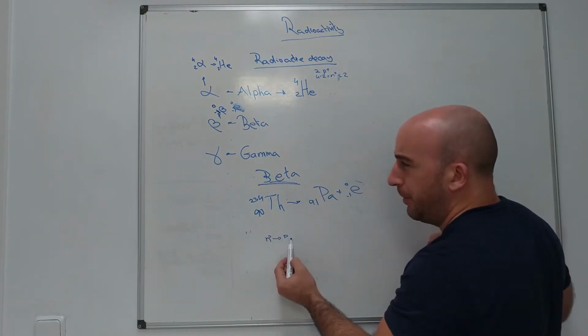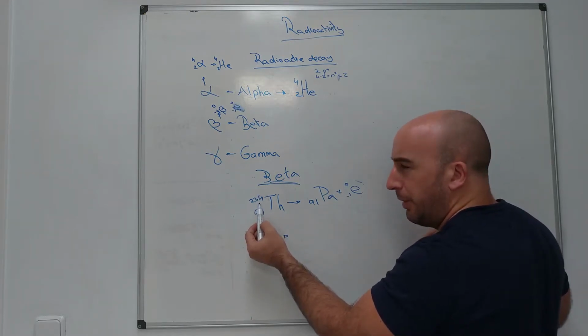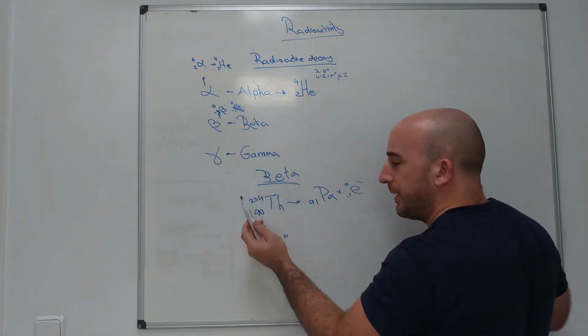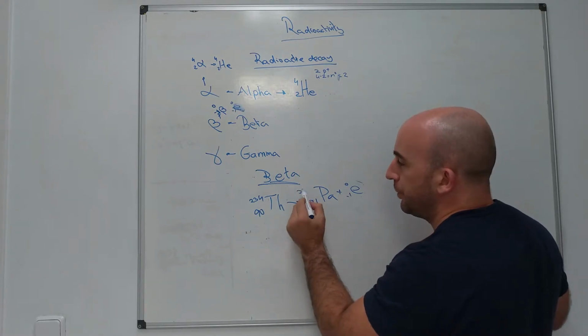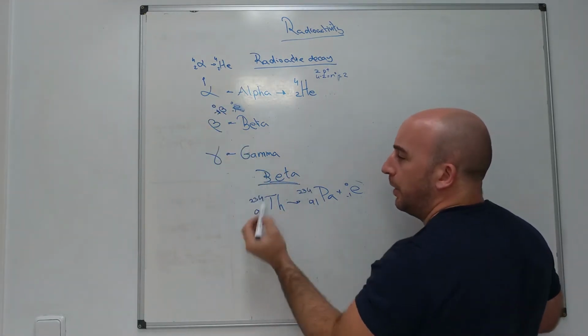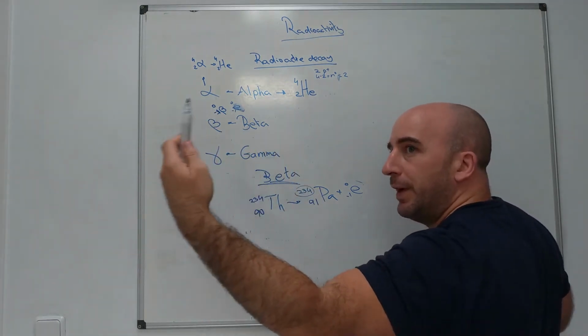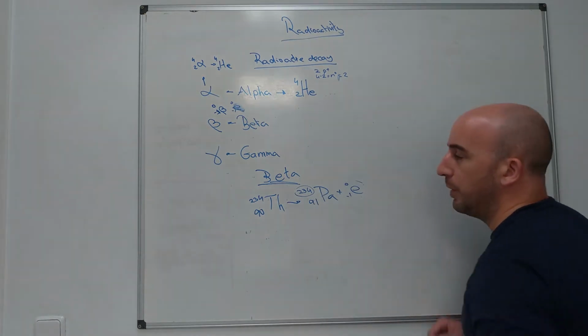So we were losing 1 here, so that's 233, but we're gaining a proton, so that's 234, so that doesn't change. So that's why we represent the beta as 0 up, because it doesn't change, and -1 here, because instead of losing, it gains 1 proton.